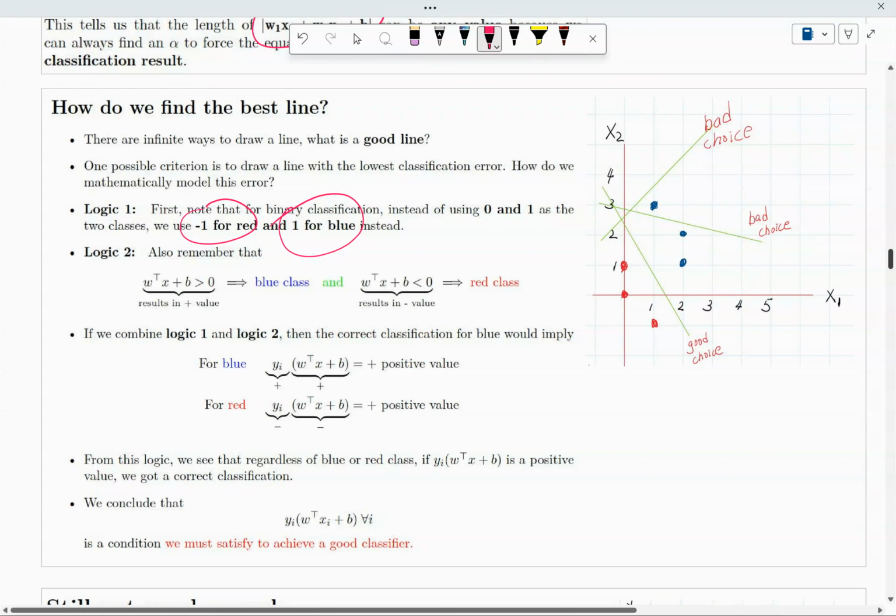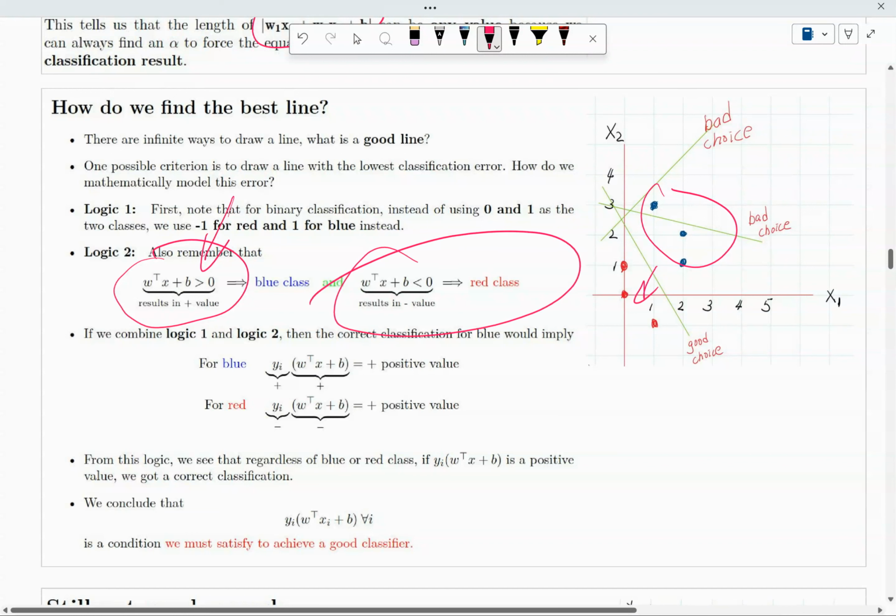It's just how we label things, and we can label to anything we want. And therefore, here for this particular case, we're going to pick negative 1 and 1. Okay, logic number two. Remember, if it's blue, it means it's above, so we're going to get a positive value. And if it's red, it's below, meaning we're going to get a negative value.